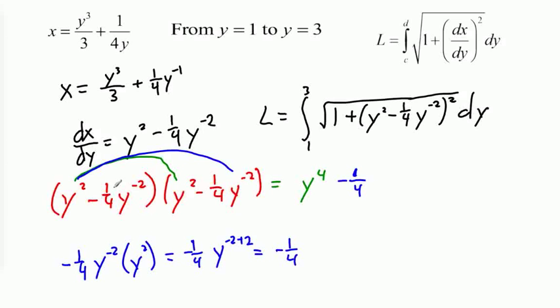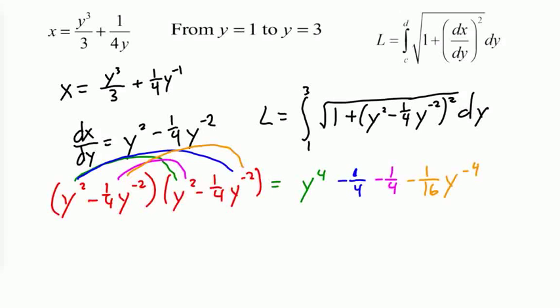Then we add the same thing again, and then this one right here, which ends up being negative 1/16 y to the negative 4. If I combine like terms, I get y to the 4th minus 1/2 minus 1/16 y to the negative 4. I'm going to leave it like that just to make sure everything works out fine.